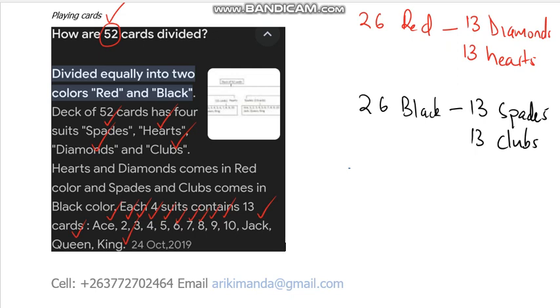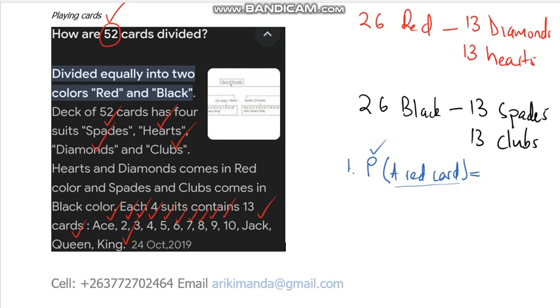And questions could be asked related to these colors or designs. I'm going to give an example of the questions. All right, question 1. We could be asked to write the probability of getting a red card in these 52 cards.